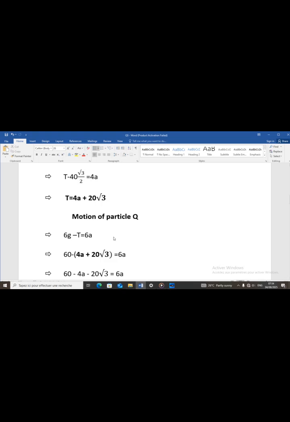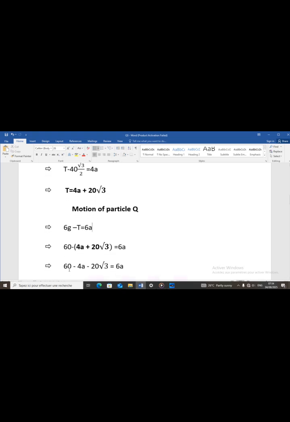And from equation 1, we have the tension equals 4a plus 20 root 3, because actually the tension has to be the same in both blocks. So we have 60 minus (4a plus 20 root 3) equals 6a. If you open the bracket, we're going to have 60 minus 4a minus 20 root 3 equals 6a.